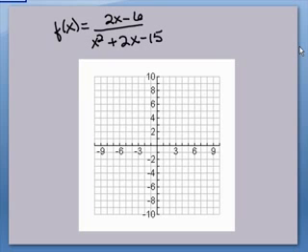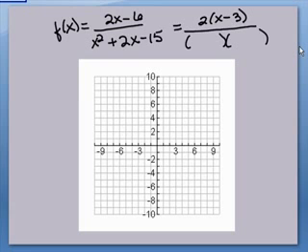All right, before we can get started here, we need to do a little bit of work. We're going to factor. So in the numerator, our greatest common factor is 2, so we're going to factor that out. And in our denominator, we have a quadratic, and that factors as x. We need factors of negative 15 whose sum is 2, so plus 5 minus 3.